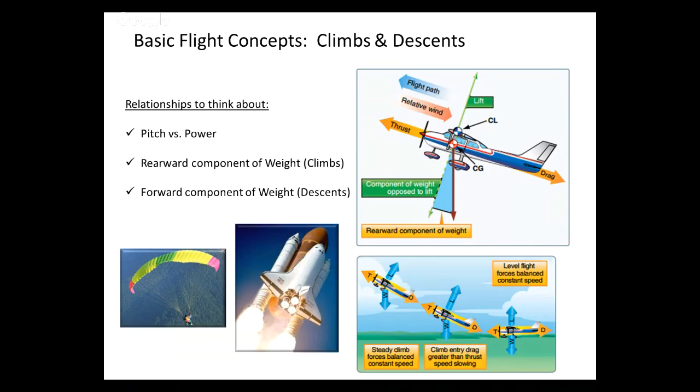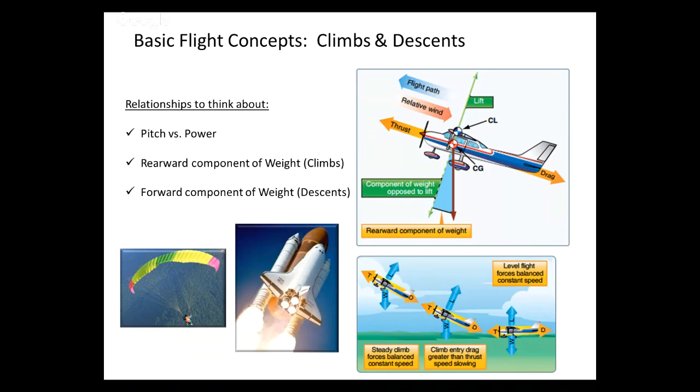So if you're cruising along at 100 miles per hour and your aircraft has excess power to climb, you can use that power. You can increase the power on your engine by using the throttle, and naturally the aircraft will want to climb.